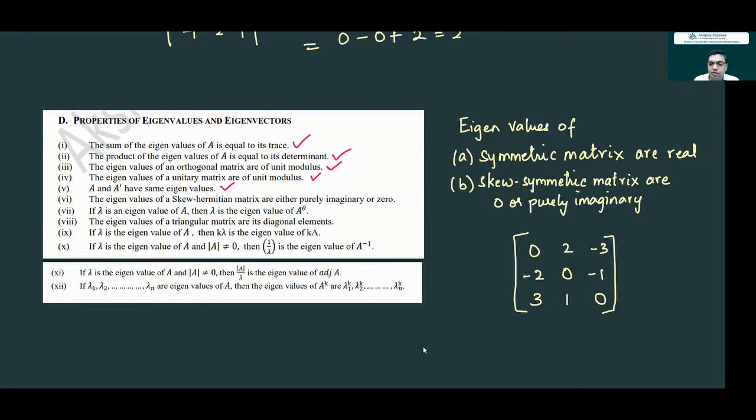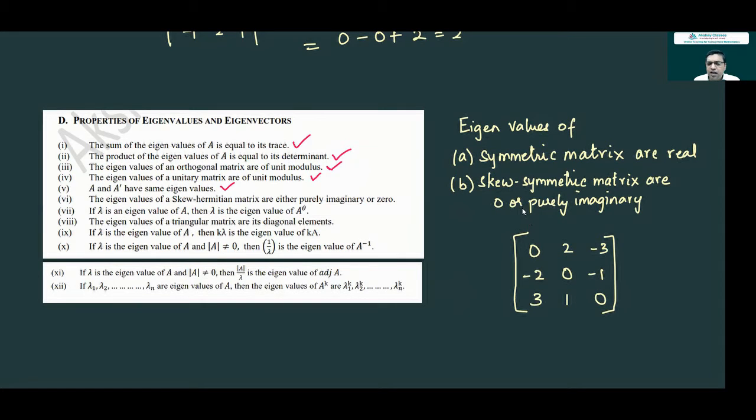This is a skew symmetric matrix. The trace of the skew symmetric matrix is 0. That means the sum of all the eigenvalues must be 0, which is possible when the eigenvalues are 0 or purely imaginary and they appear in conjugate pairs. So it will be cancelled. So that is one.